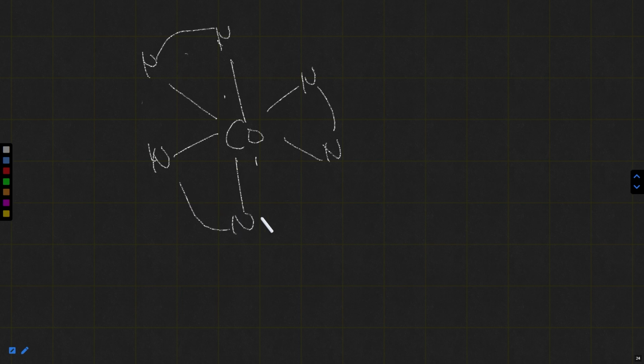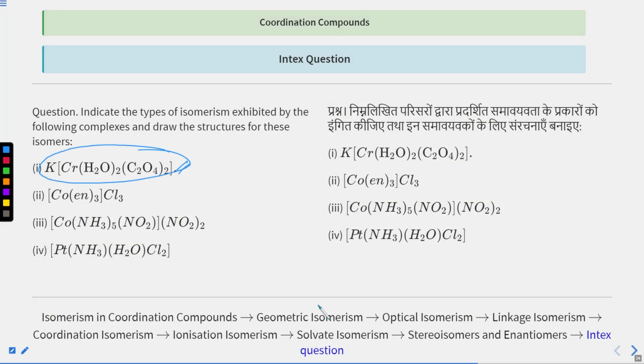Clear? Now if I try to draw a plane of symmetry across this, you will not find one. So they can show optical isomerism. Only optical isomerism it can show.